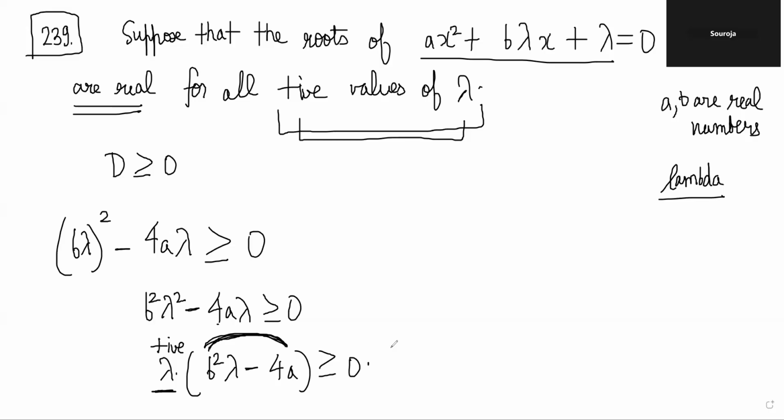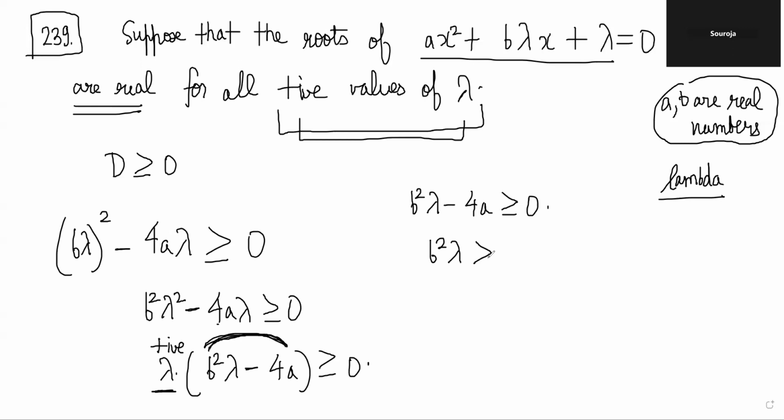So we can say b square lambda minus 4a must be greater than or equal to 0, right? Yeah. And b, we don't know anything about. We know that they are real numbers. So right now we know that b square lambda is greater than or equal to 4a.